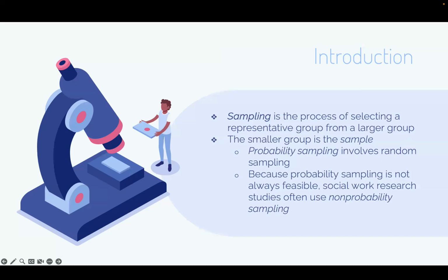But here's the kicker. Sometimes picking names out of the hat is not practical. Maybe the hat is too big, or some folks at the party are just too hard to reach. In social work research, where things are as real as they get, we cannot always wait for everyone to throw their names in. So we turn to non-probability sampling.